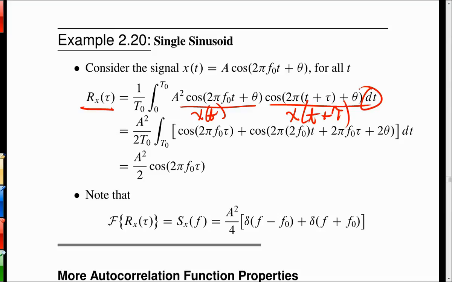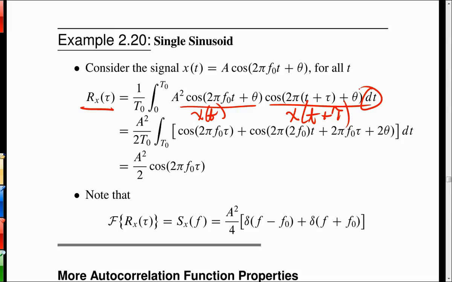So I multiply those two waveforms together, and something very nice happens. I have a trig identity, right? Cosine times cosine is the sum of the arguments and then the difference of the arguments, and a 1/2 factor too. That's back in the appendices.